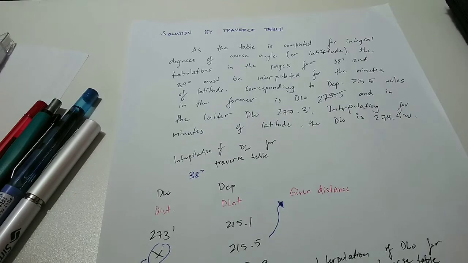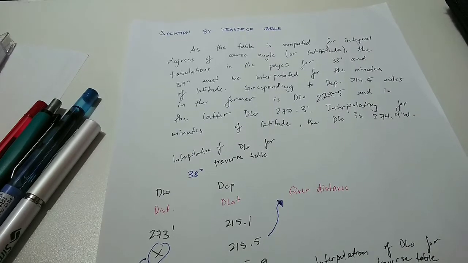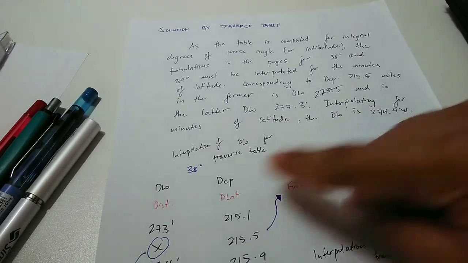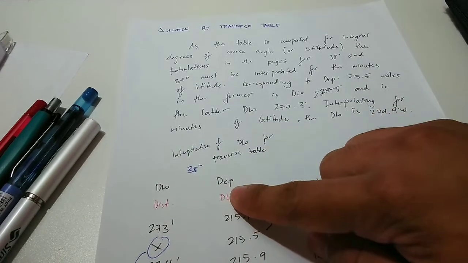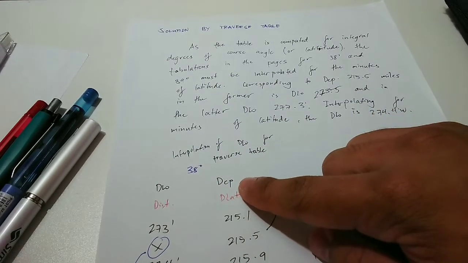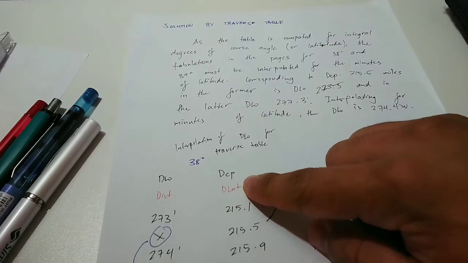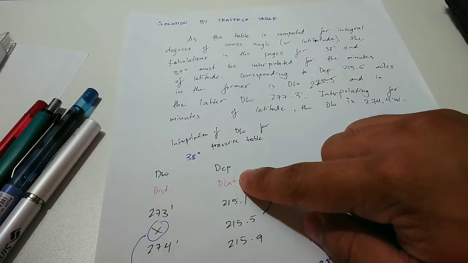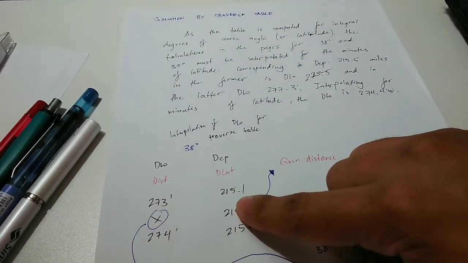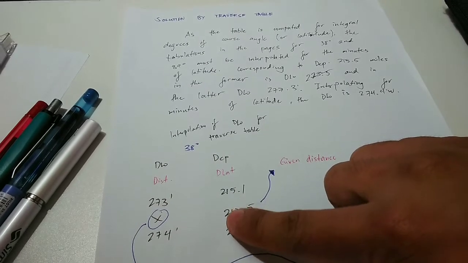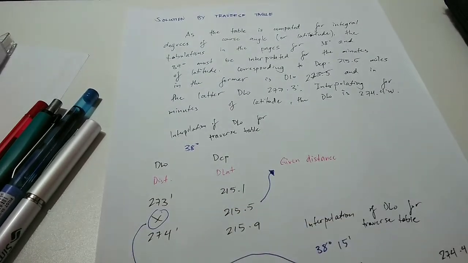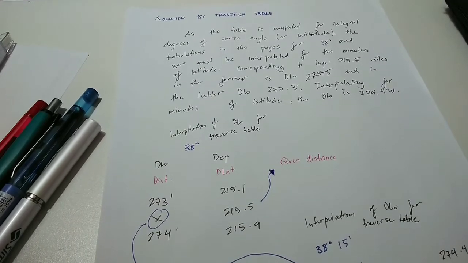We then change the distance column to D long and the D lat column to departure. For both tables it is the same thing, and it applies in getting the D long using the traverse table of 39 degrees.